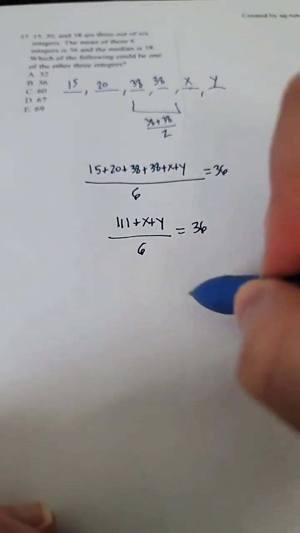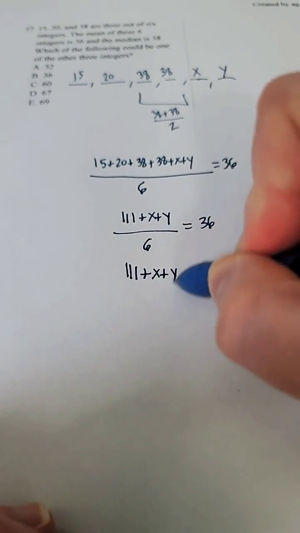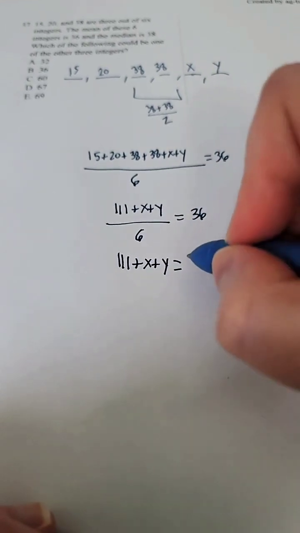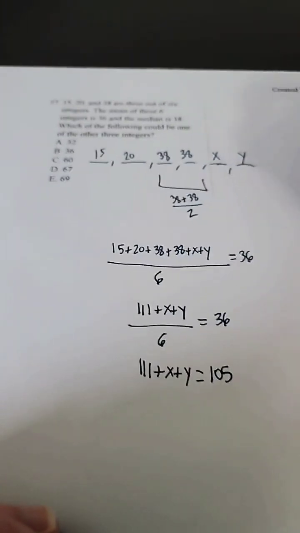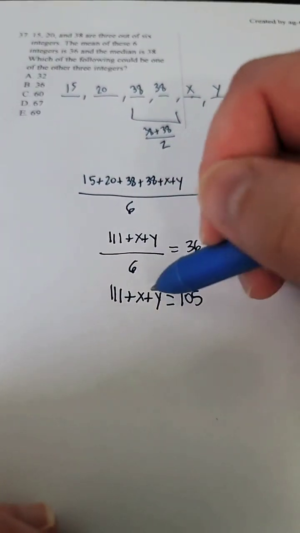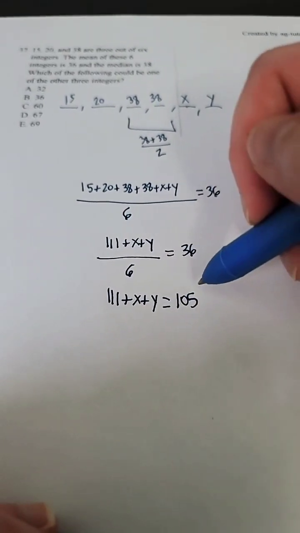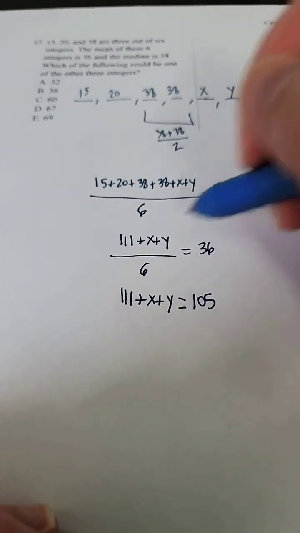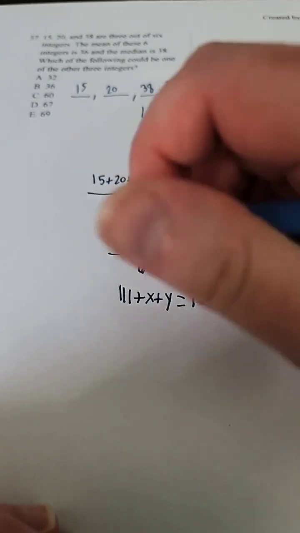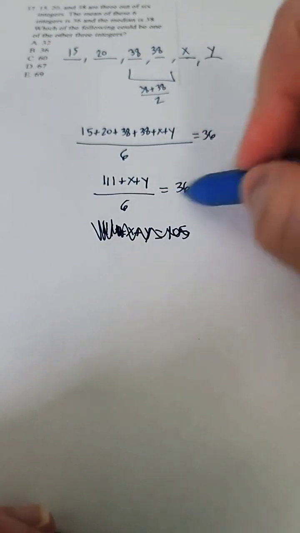Then I'm going to multiply each side by 6. That's going to give me 111 plus x plus y is equal to, so that's going to be 105. Hold on, did I do that right? Sorry, I multiplied each of the sides and then I subtracted in my calculator, because I did both of them at the same time.